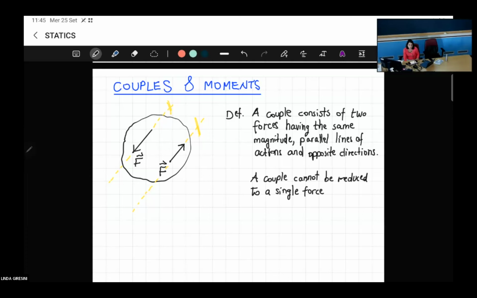Do you remember concurrent forces can be reduced to a single force, the resultant force? Do you remember? Yesterday. Instead, non-concurrent forces, these are a typical example of non-concurrent forces. So a couple cannot be reduced to a single force.